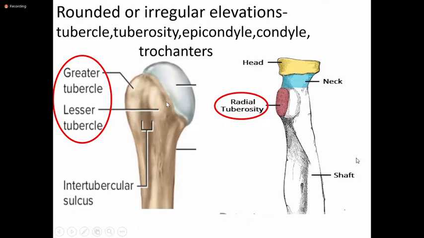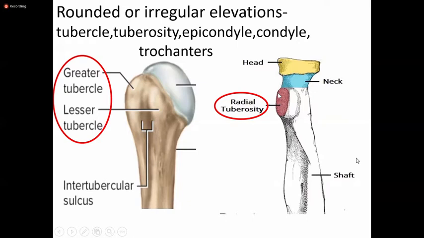These tubercles develop as a result of traction by the muscles. Then the radial tuberosity is present just below the neck of the radius. This is a rounded elevation covering a smaller area, hence called a tuberosity. This also gives insertion to the tendon.